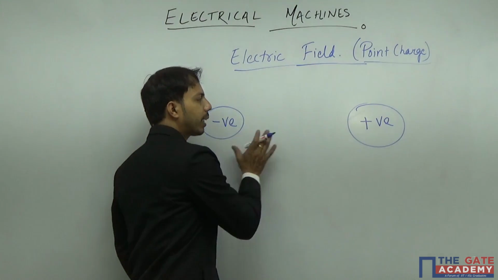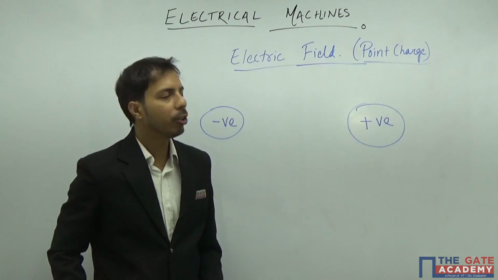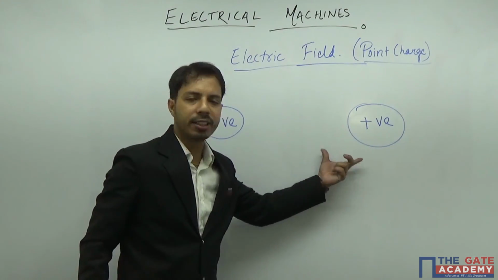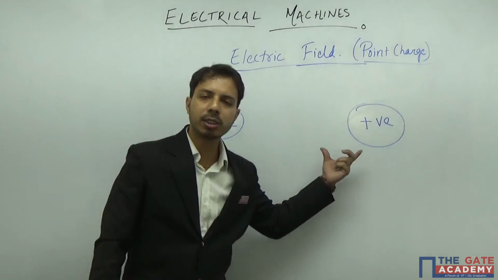If these two are kept in front of each other, we know that they are going to attract each other, since this is negatively charged and this is positively charged.